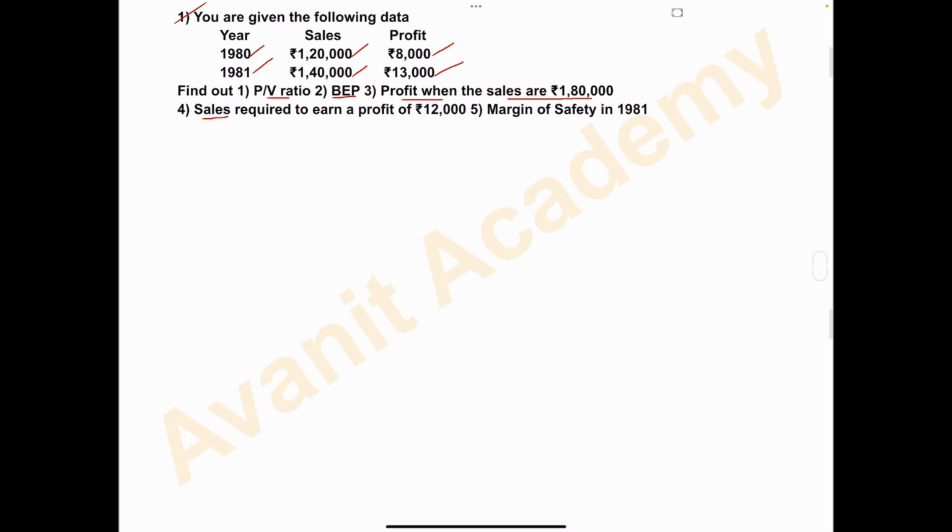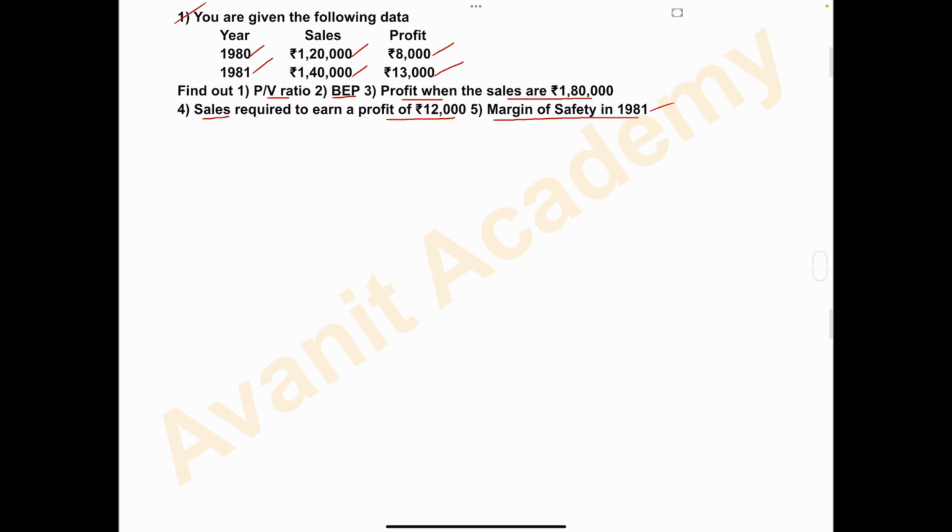Next, sales required to earn a profit of rupees 12,000. And the last one is margin of safety in 1981. So here we have to find out five things.